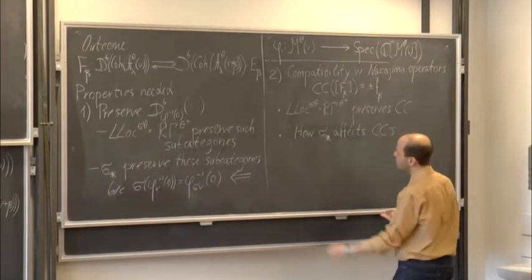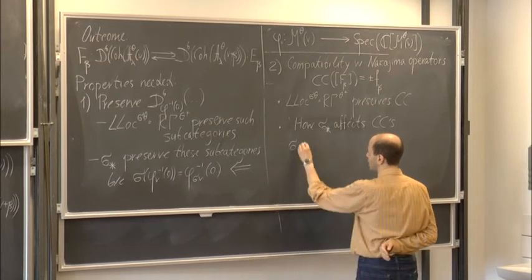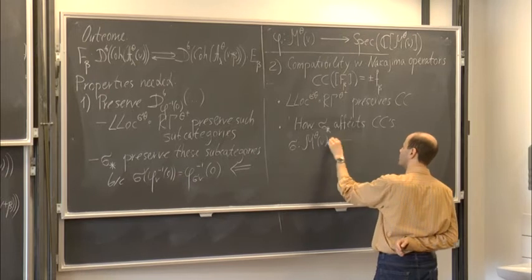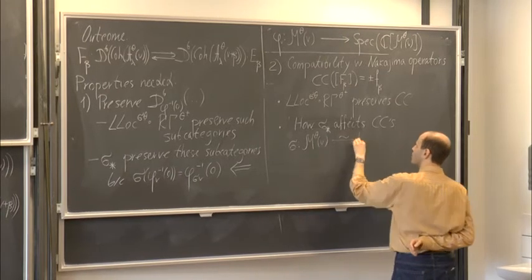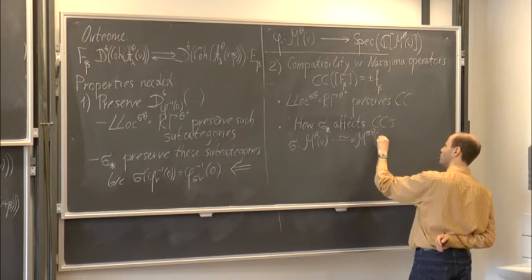So sigma is an isomorphism of M theta v with M sigma theta, sigma dot v.